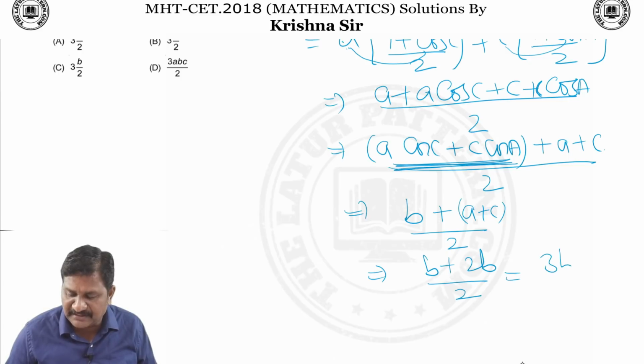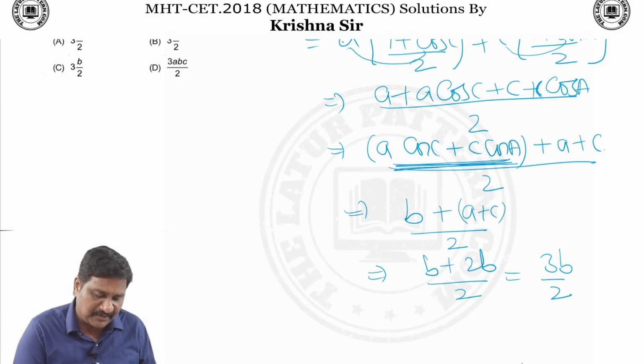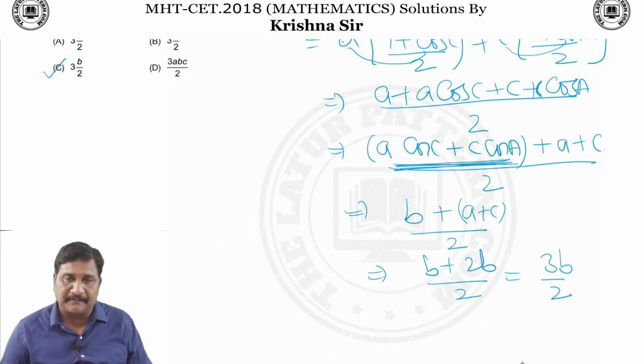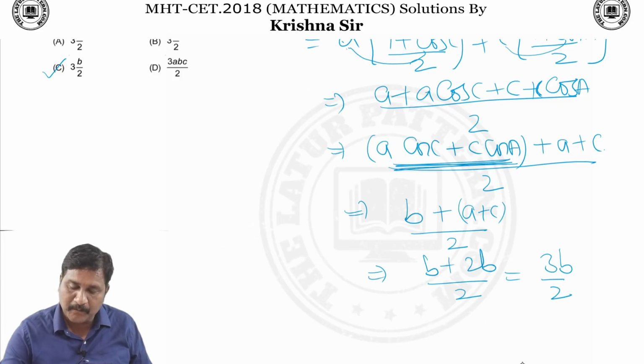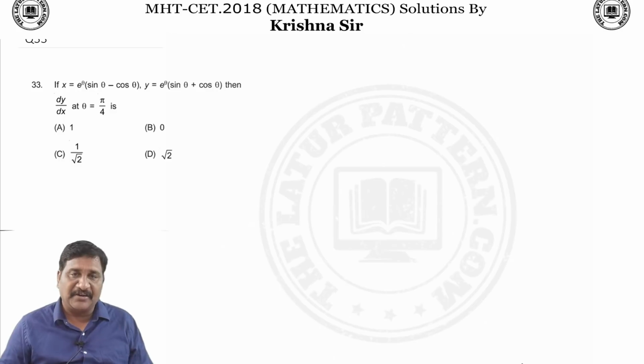So what we are getting, the result is 3B upon 2. That is our option C, the correct answer. The solution of question number 33.